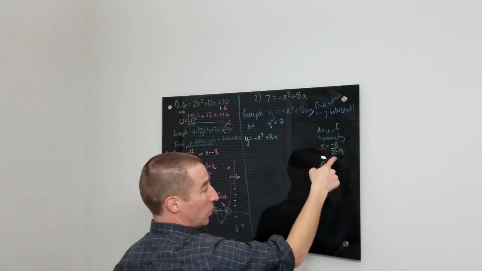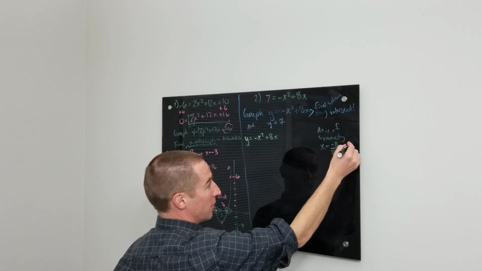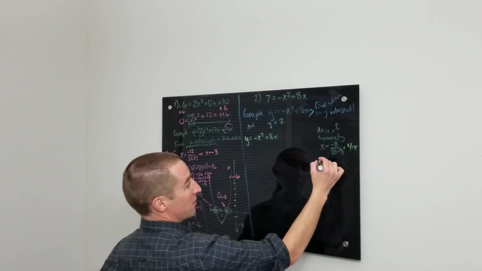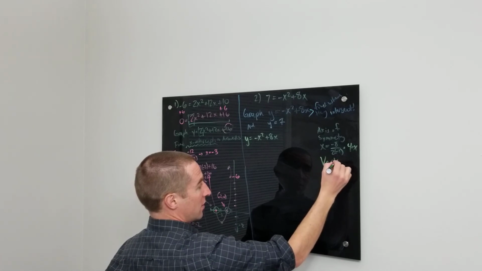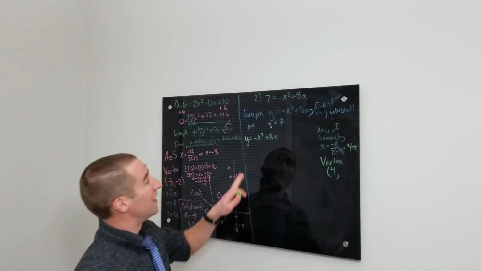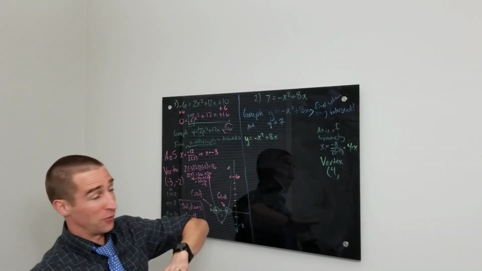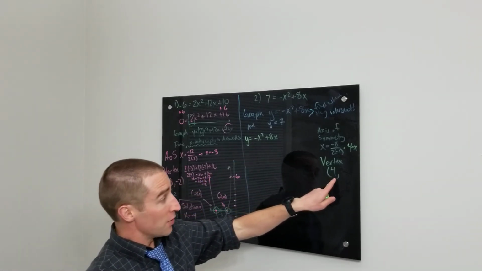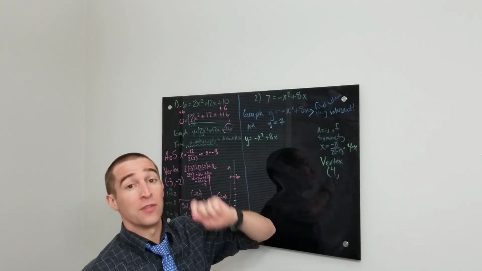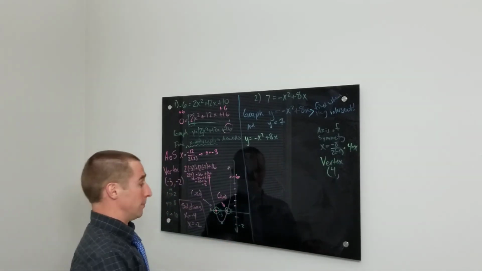So negative 8 over negative 2 is going to be 4. So x equals 4 is the axis of symmetry, which gives me a vertex at 4 comma, and now I need to replace the x with a 4. So, because I know the x number on the vertex is 4, because that's what my axis of symmetry is, so now I got to find the y number when x equals 4.